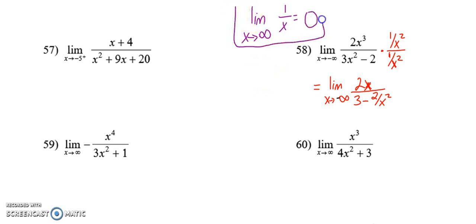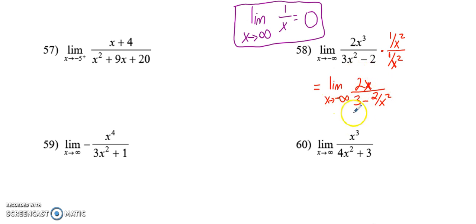Think about it: we've got 1 divided by a really big number, the reciprocal of a really big number. If you think of 10 to the 100th power, its reciprocal is 10 to the negative 100th power. That's an itty bitty number. So that's what happens.